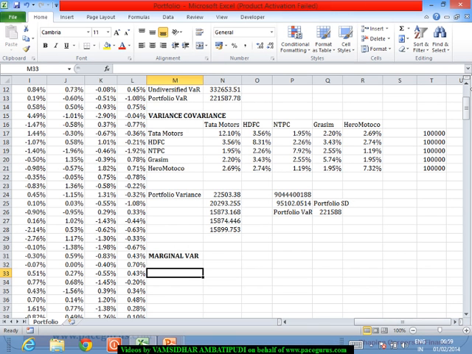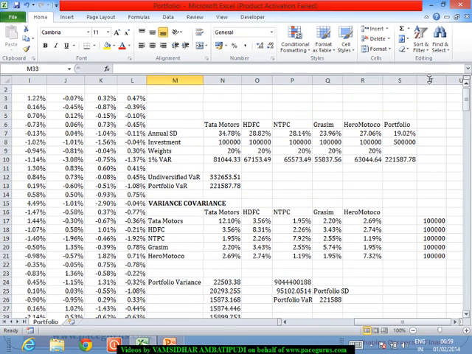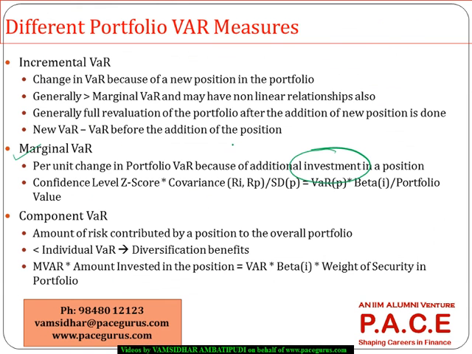Like if I want to add some 10,000 bucks to Tata Motors or 10,000 bucks to HDFC, one at a time. By adding some additional investment to one position, what is the change in the VAR of the portfolio for $1 addition to a particular investment? What is the change in the overall portfolio?